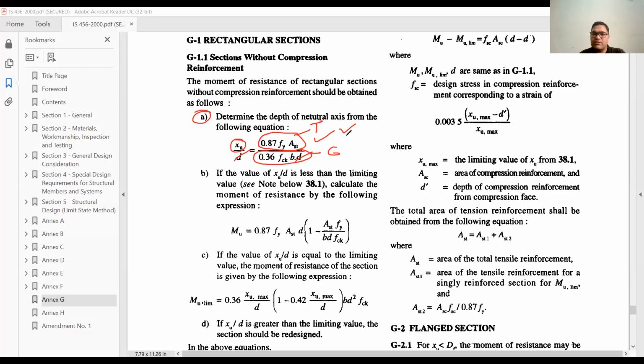Because we have assumed that XU is less than DF, it means we can treat our T-beam as a rectangular beam with width equal to BF. So in this formula, the value B will be replaced by BF. So this formula we will use to find out XU.